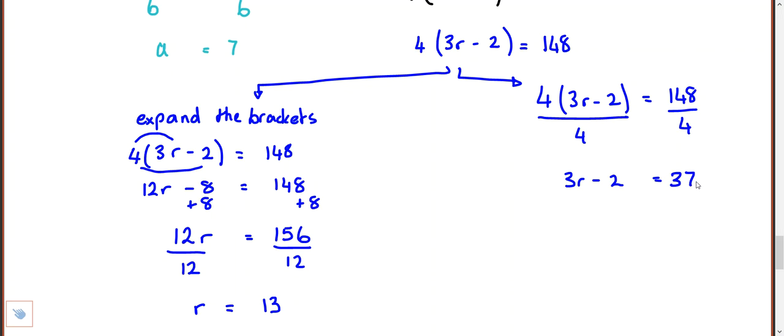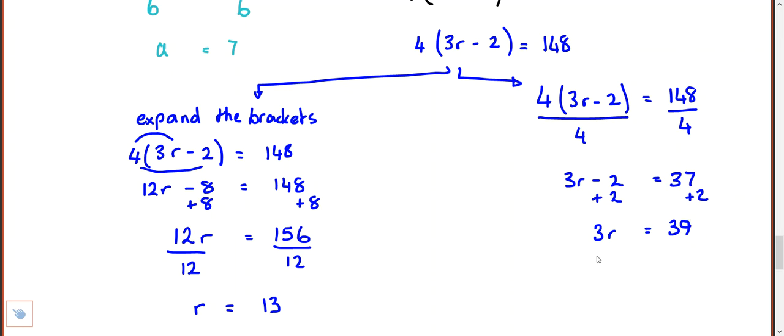So I've got 3r minus 2, which before I times by 4 had to equal 37. Then you do plus 2, which gives me 3r equals 39.